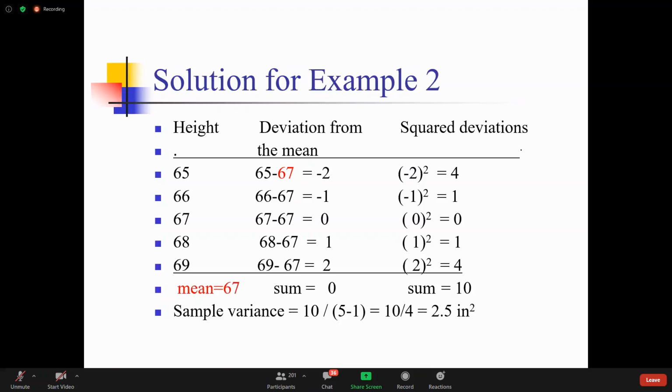So when I'm calculating the variance, remember, what did I use in the variance? I used the mean. So to calculate the variance, you have to assume that the mean is known, correct? If you don't know the mean, you cannot calculate the variance. You need the mean so you can calculate the deviations. That's why we say that this data set should be adjusted to the fact that we know the mean. The mean is known.